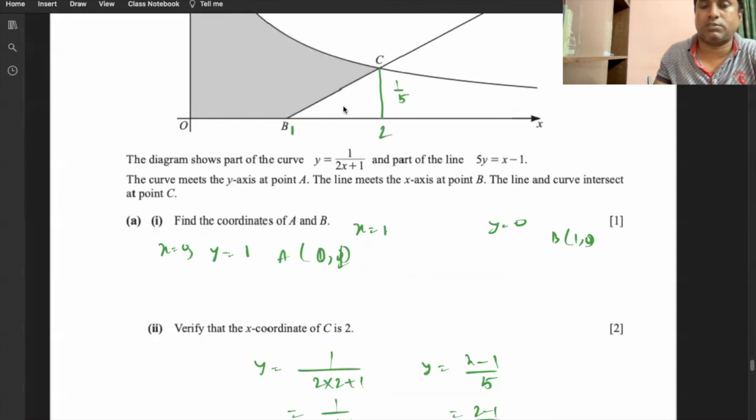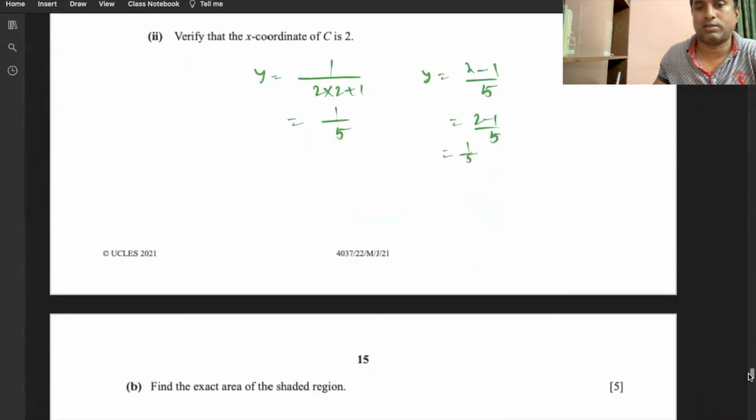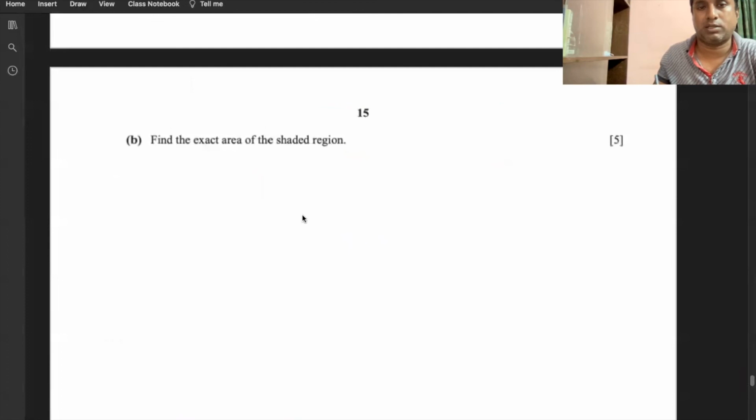So the area of this part is half times the distance 1 times 1/5, so this is 1/10. The area of the triangle is 1/10.